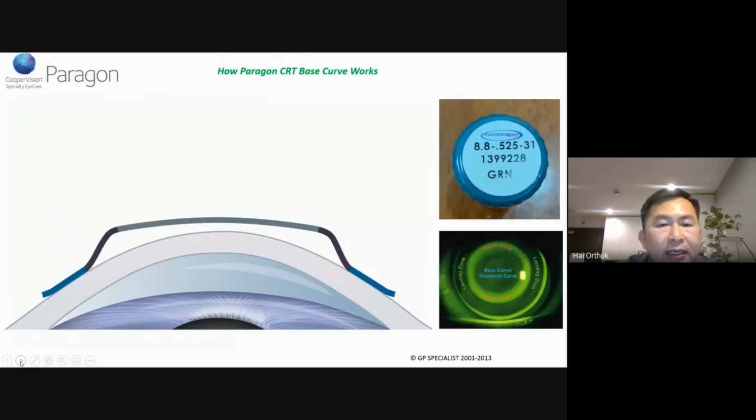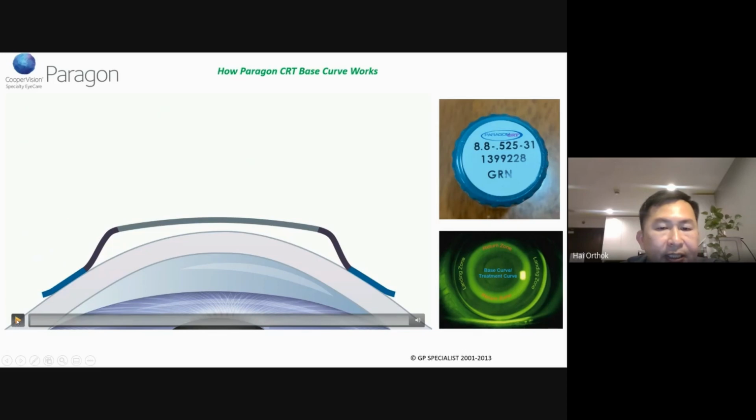All right, and next slide, I will show you how the proximity control works on Paragon CRT. So this is the base curve, and you can change the base curve by 0.1 diopter. When you increase 0.1 diopter flatter, this means the lens moves down.